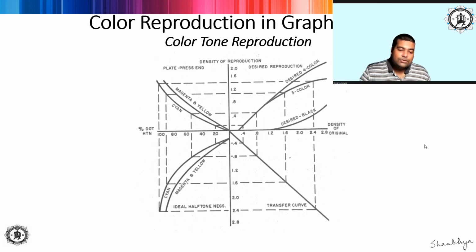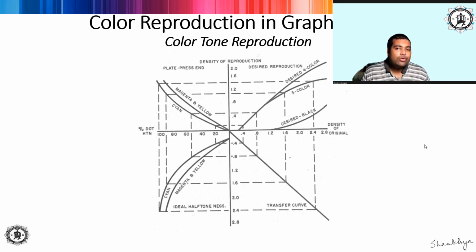All right. So, hello and welcome back to another lecture in the ongoing series of lectures in color reproduction in pre-press repro technique. So, in the last lecture, we had talked about the various inferences that can be drawn from the tone reproduction curves obtained by plotting the density data from the various stages of reproduction.